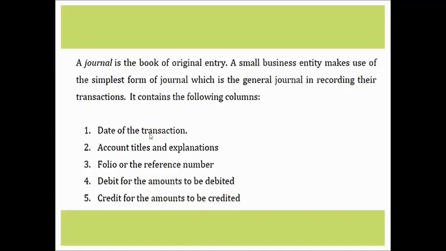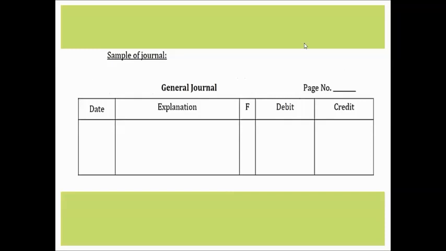We have the date of transaction, account titles and explanations, or what we call particulars as well, folio or the reference number, debit for the amounts to be debited, and credit for the amounts to be credited. Ganito siya. This will be the sample. This is the general journal. It has the date, the explanation or particulars, folio, debit, and then credit side.